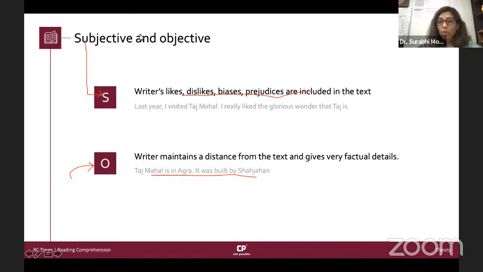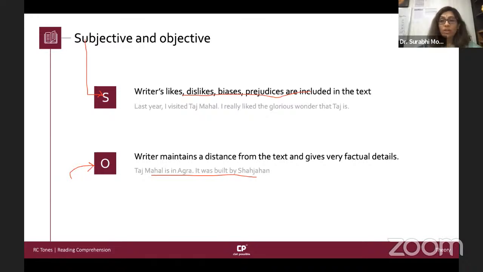So subjective tones are studied as a separate category and objective tones as a separate category. Right? So have you written down subjective and objective, everyone?